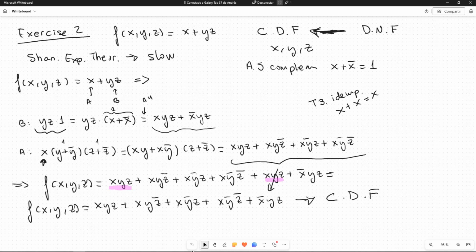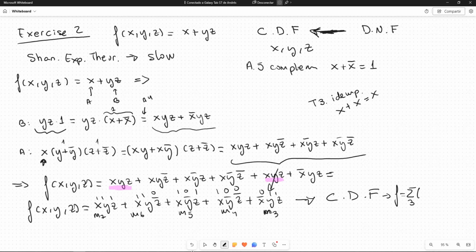We can get from here its compact representation. We have 3 variables, and we have the minterms 1, 1, 1, that is minterm 7; 1, 1, 0, that is minterm 6; 1, 0, 1, that is minterm 5; 1, 0, 0, that is minterm 4; and 0, 1, 1, that is minterm 3.